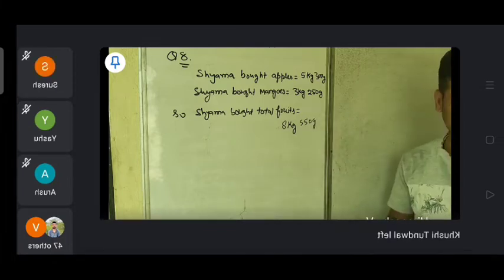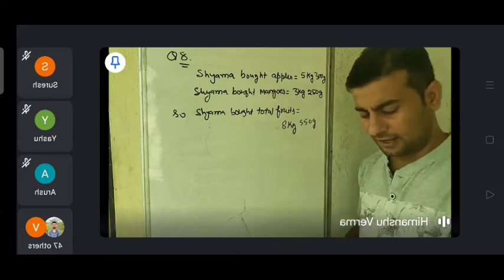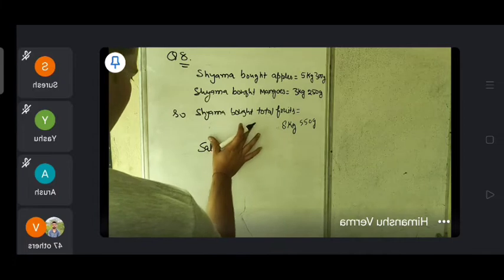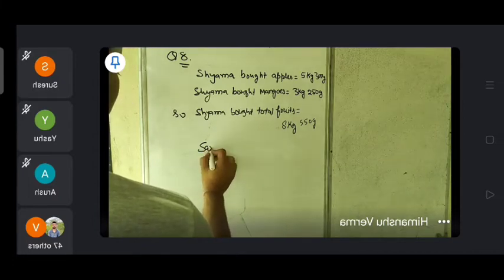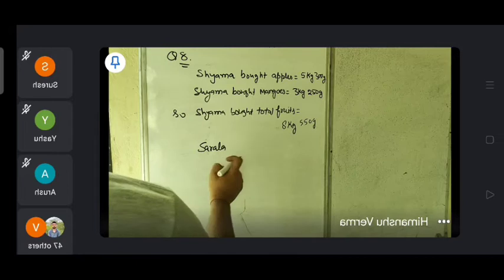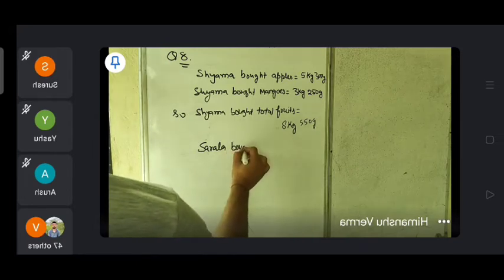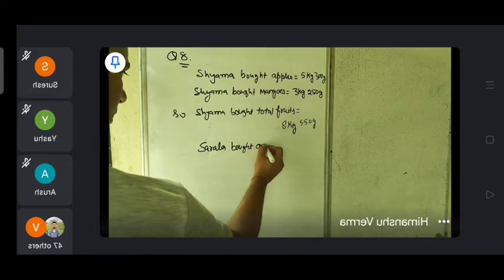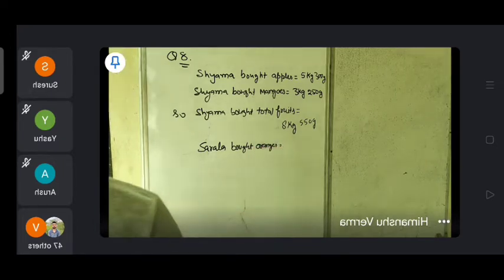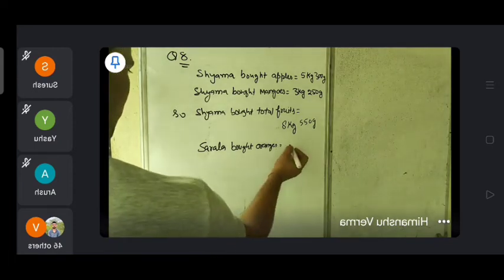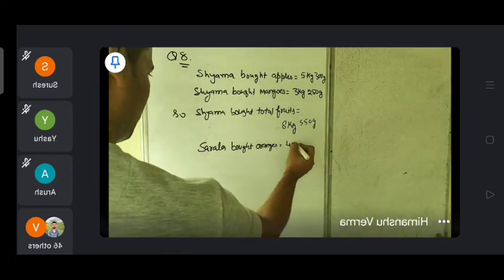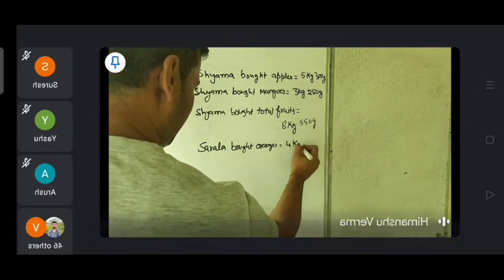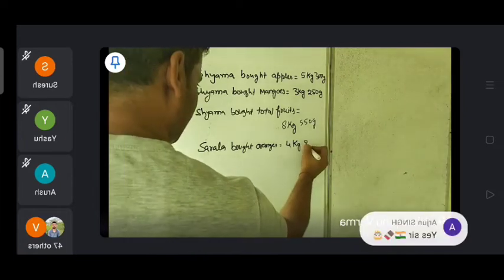Similarly, one more lady here. See Sarla. Sarla bought oranges equal to 4 kg and 800 grams.